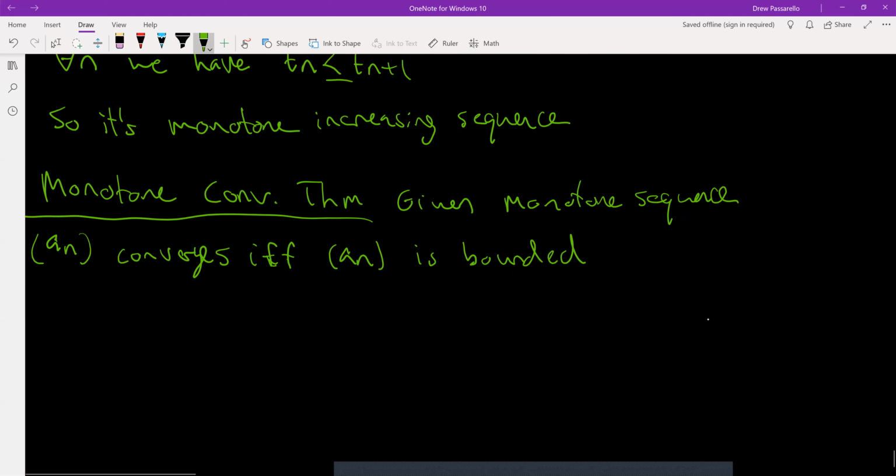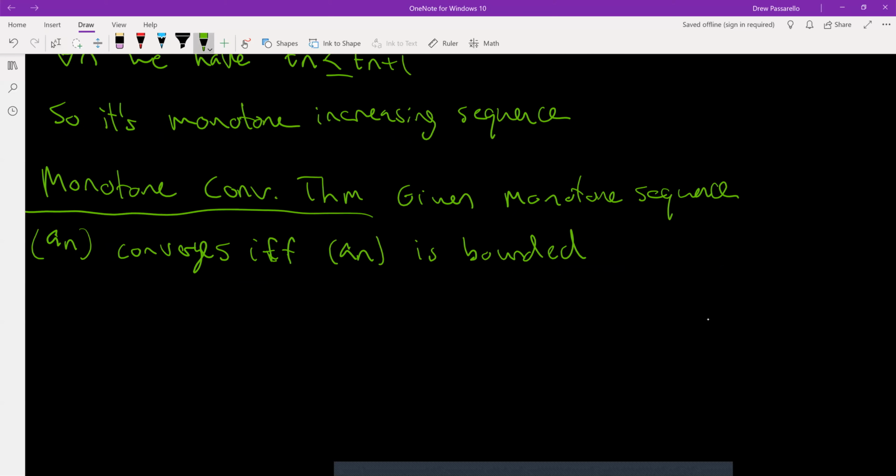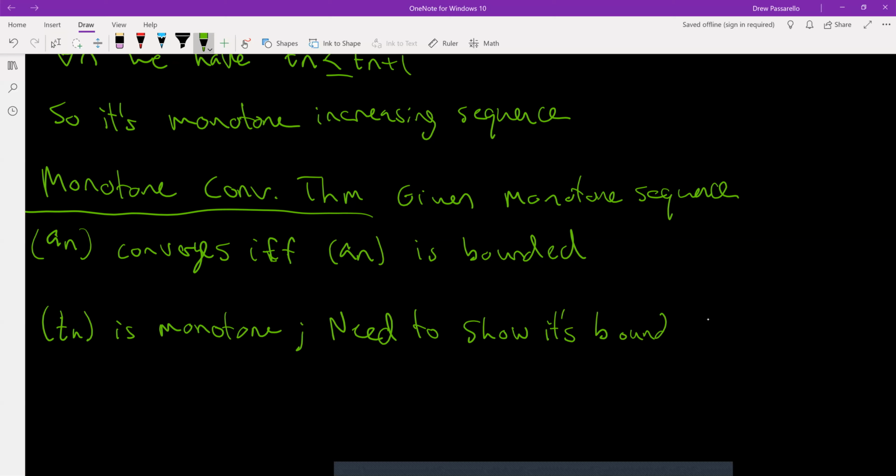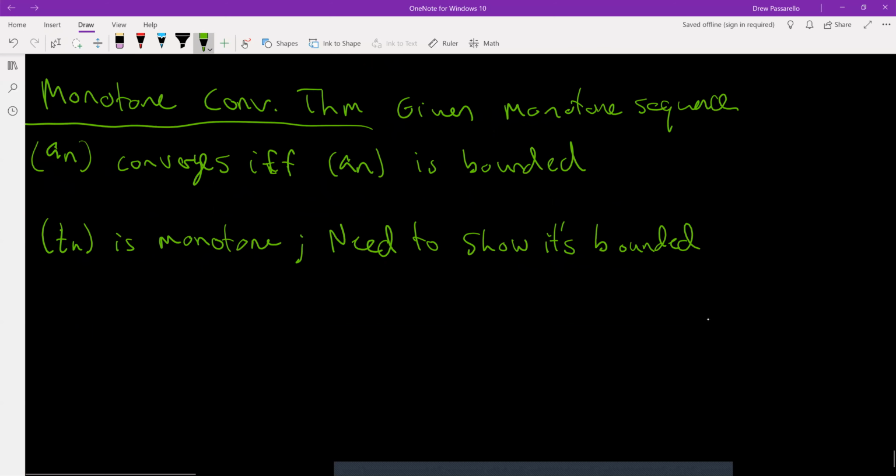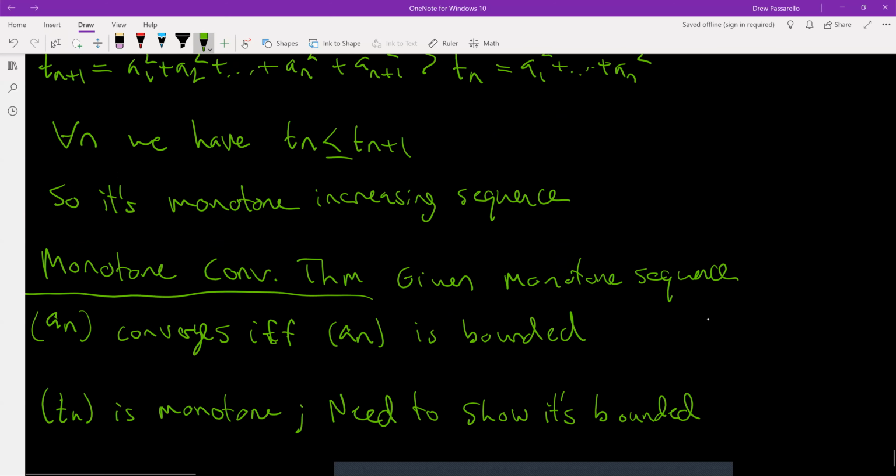Okay, so Tn is monotone. And so I need to show that it's bounded in order to say it converges. So that's the logic that I'm using in this.